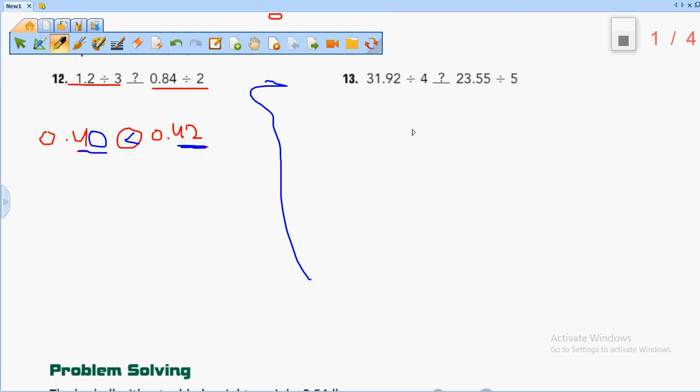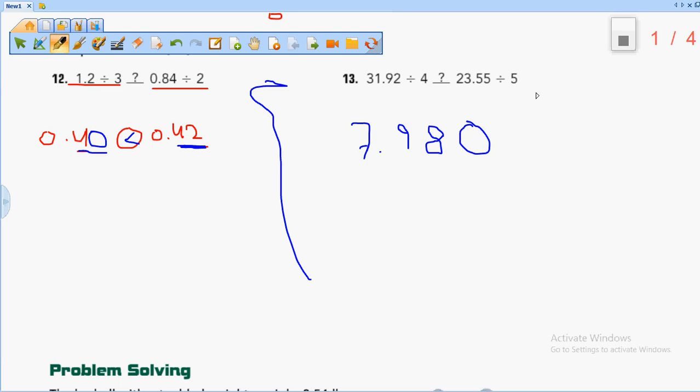Boys, when you subtract, you will get 3 and put the decimal point up. 93 divided by 4, again you will take 9, 8. So the answer becomes 7.98.